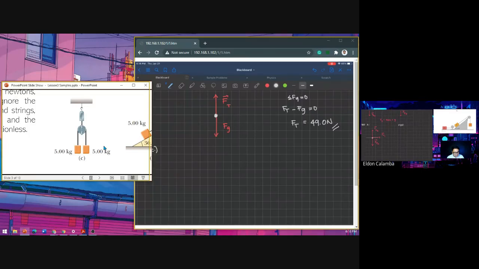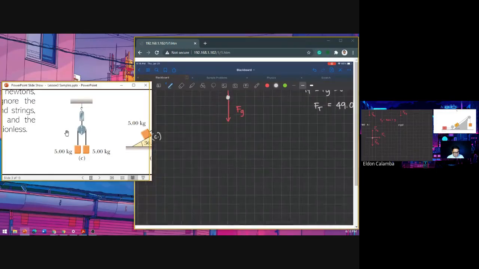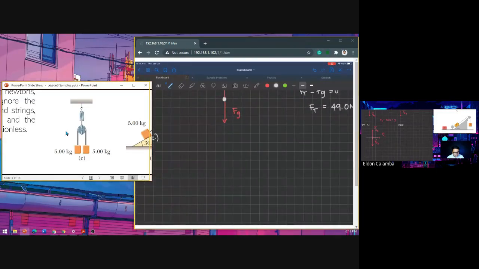So, ang tanong dito is, you have two 5 kilograms na nakahang via pulley and the pulley is daw massless. Ano daw ang reading ng ating spring scale? Okay? So, let's have the free body diagram of the pulley. FBD of pulley.